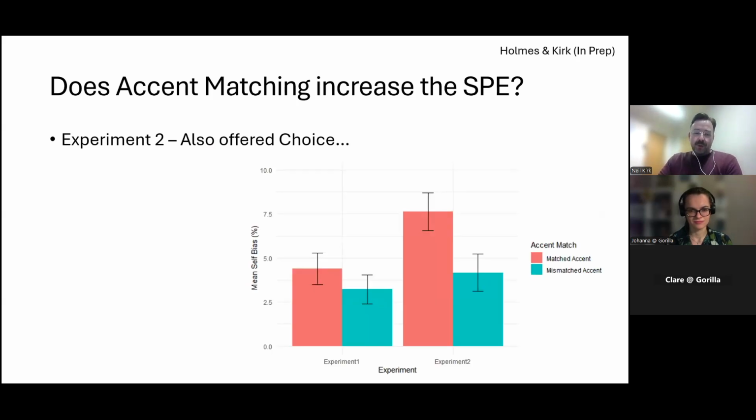So we can see that from experiment 1, the matched accent condition had a greater bias for the self compared to the friend. When we look at experiment 2, the red bar here is basically choice and accent matching. It's a really strong boost. So I think these 2 things are additive and can really considerably increase the prioritization of the new voice that you're given.